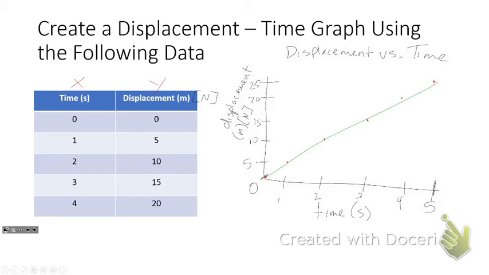Now, I want to calculate slope for this whole graph. Okay, so what is my D2 and my T2, or my final time and my initial time? Sorry, my final displacement and my final time going to be? Right up here, right? This is the end of our data. So at this point, we have 4 is our time, and our displacement is 20. Okay?